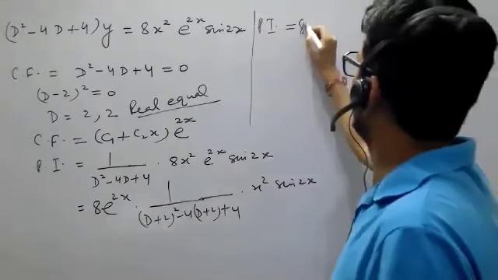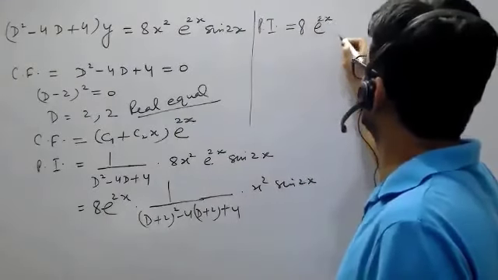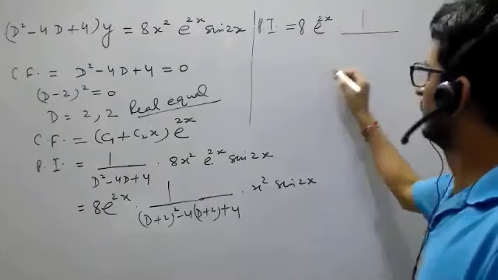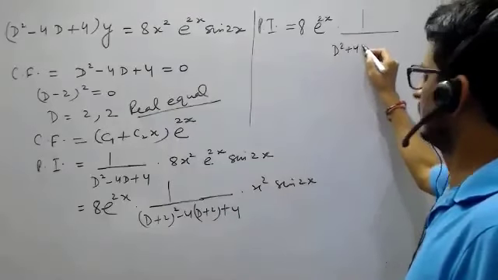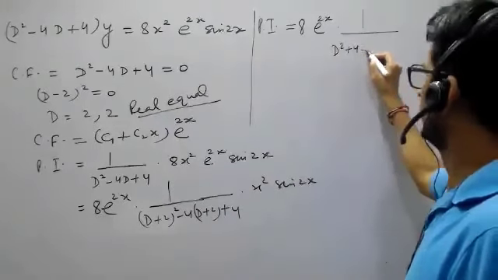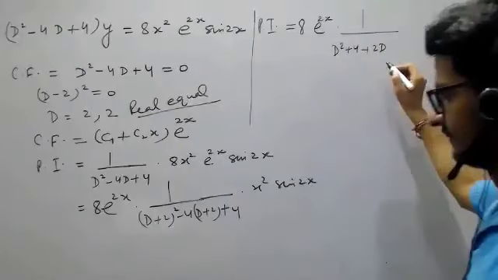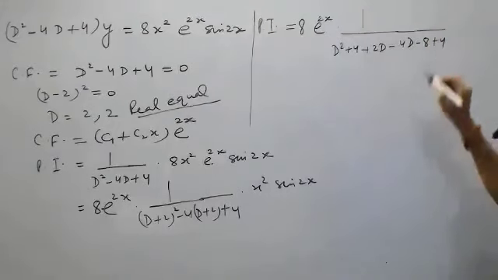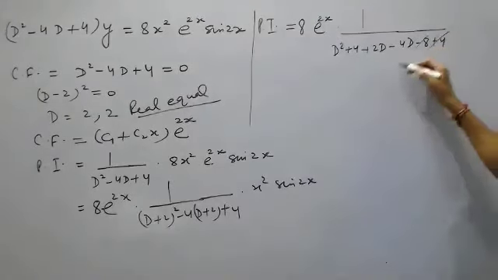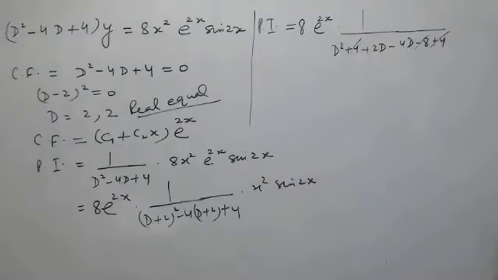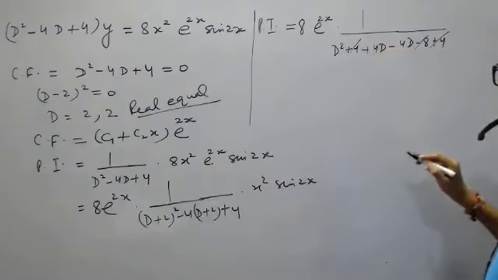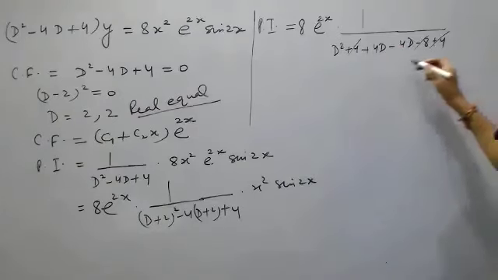That will be equal to 8 e to the power 2x into 1 upon D square plus 4 plus 4D minus 4D minus 8 plus 4. Sir, this should be D square plus 4 plus 4D, sorry, 4D will come instead of 2D. Yes, 4D. Okay, so 4D, this all will cancel.